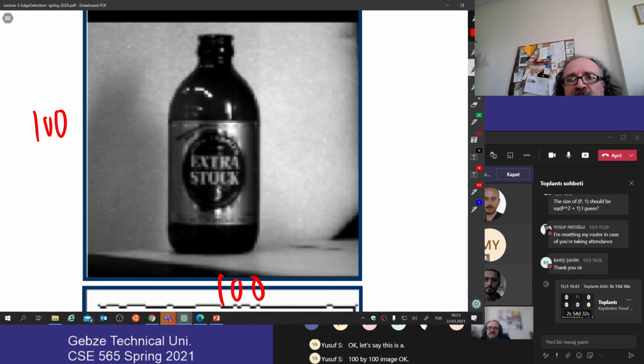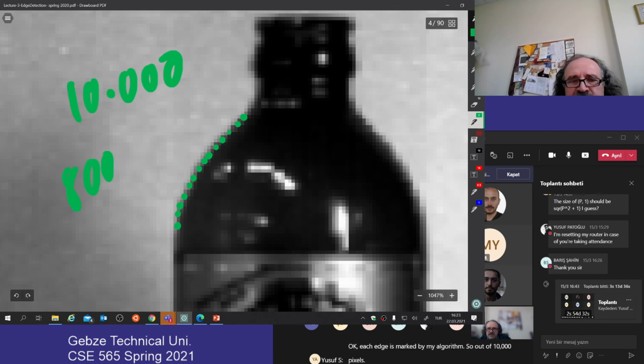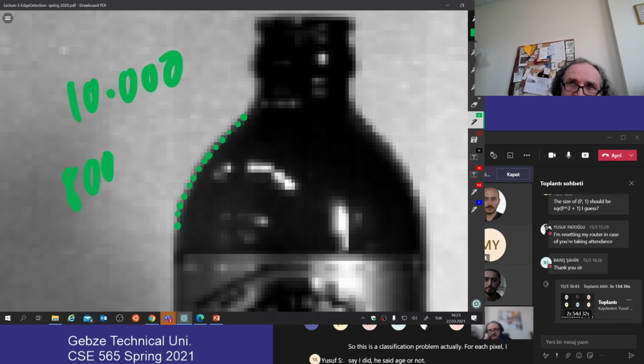Each edge is marked by my algorithm. So out of 10,000 pixels, I say that I found 800 edges. So this is a classification problem actually. For each pixel, I say either it's an edge or not. So this is a binary classification problem.